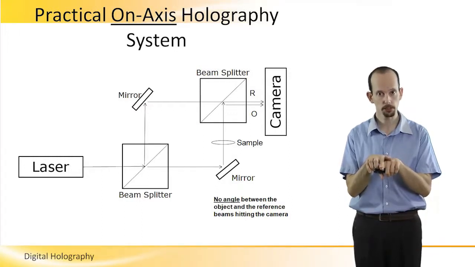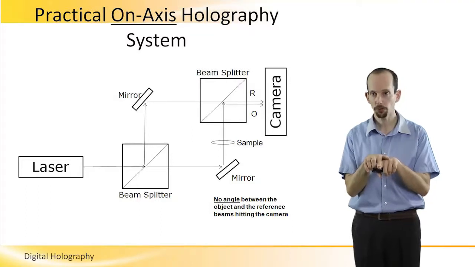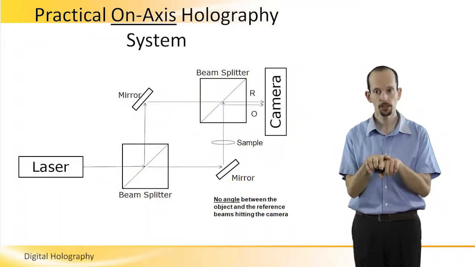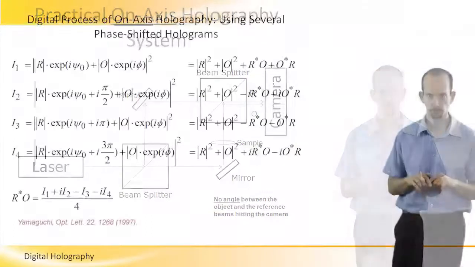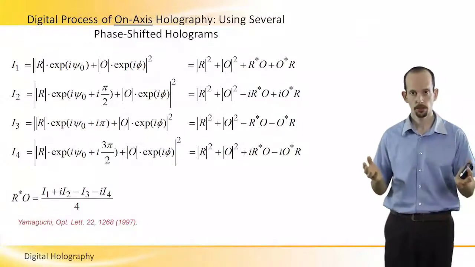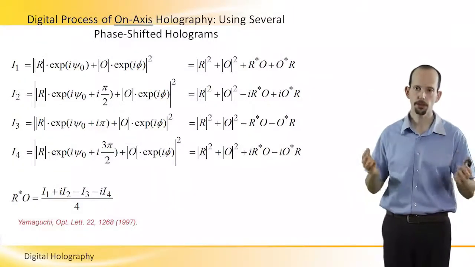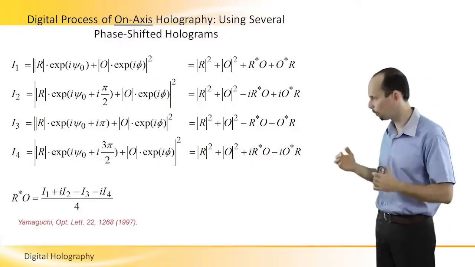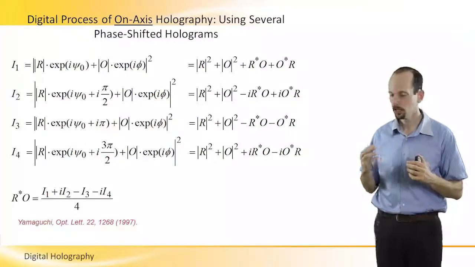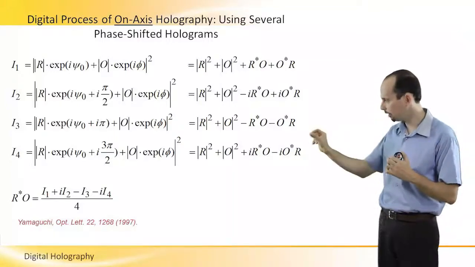How do we get rid of them? One of the methods to get rid of them is to acquire more than 1 hologram per each sample instance. This is one of the methods that are usually used in order to acquire more than 1 hologram in order to reconstruct only one of the elements.